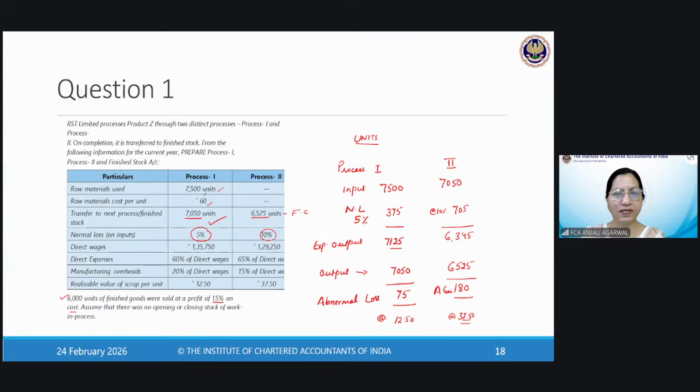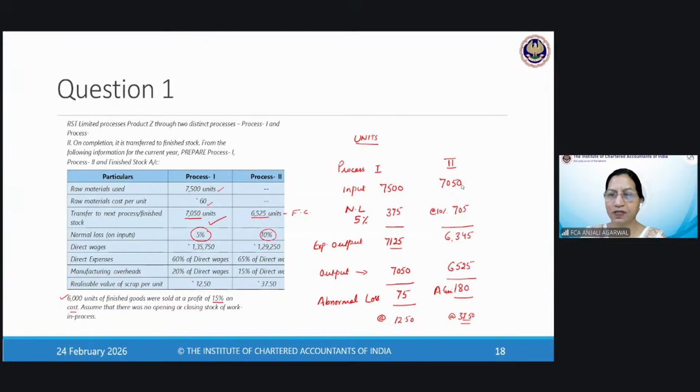So in process 1, 7,500 units were there. 5% was normal loss, so 375 units should have been lost. 7,125 units should have been produced. But actual units produced, which moved to the next process, were only 7,050. So the balancing figure, 75, becomes abnormal loss, which is sold at the rate of 12.50.